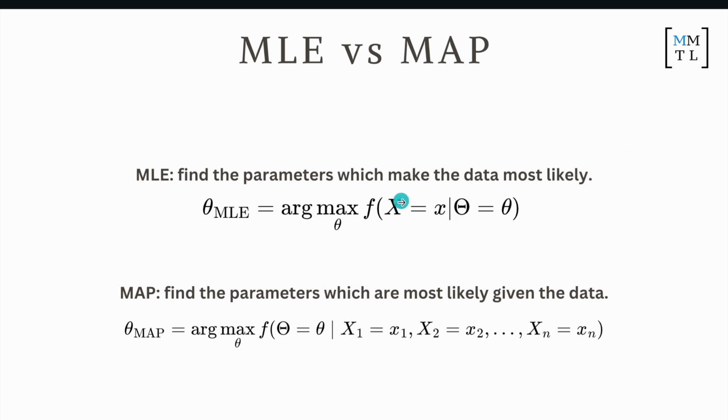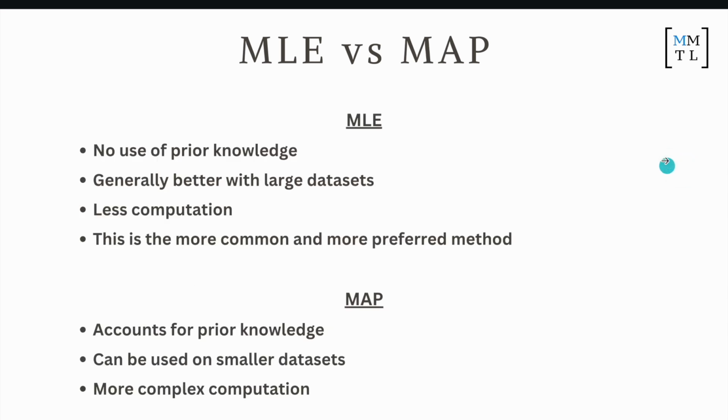It's a bit confusing when you say it out, but when you look at the maths notation, it becomes clearer. You can see it's just the swapping of this conditional here. And this is a bit of a summary on when MAP may be more preferred than MLE. MAP in general is a bit more complex to run, and you need to have some prior knowledge to run it as well.